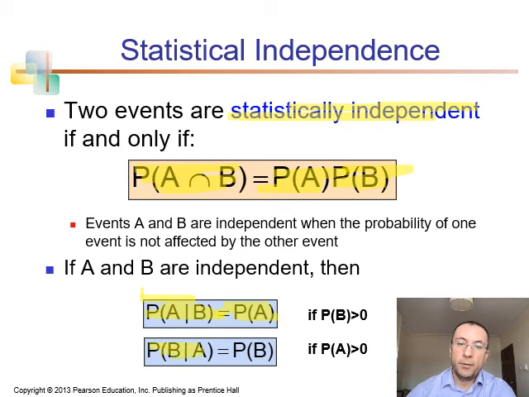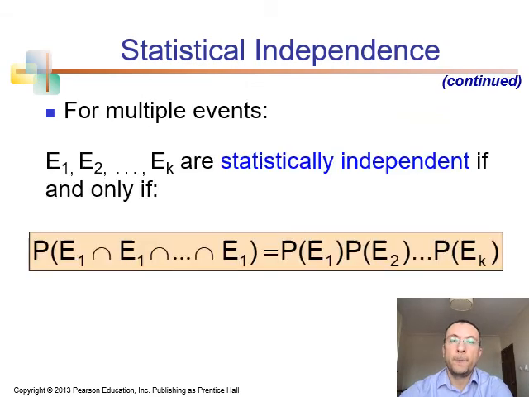Probability of B given that A happened is the same as P(B). Now, this equation holds only if A and B are independent. So if they are independent, the conditional probability will be equal to the probability itself. And for multiple events, let's say E1, E2 up to EK, they are statistically independent if the joint probability is equal to the product of the probabilities.